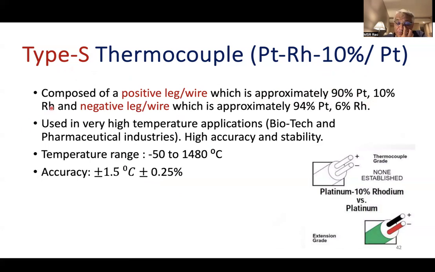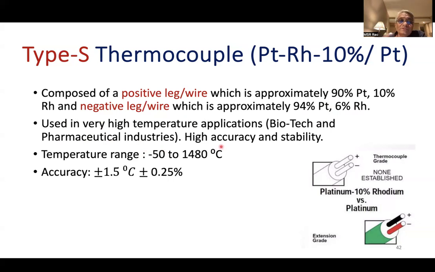These are expensive thermocouples, but they're very robust. And the negative wire is made up of 94% platinum and 6% rhodium. That's where you create that little difference in the work functions. So it's used in very high temperature applications.